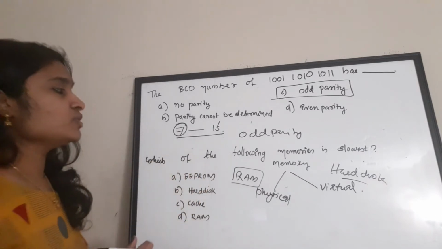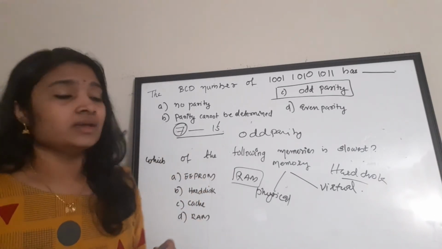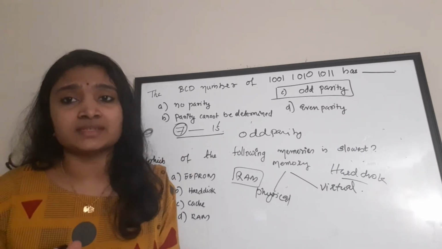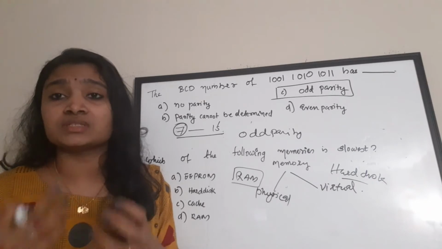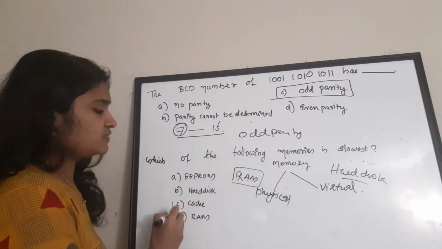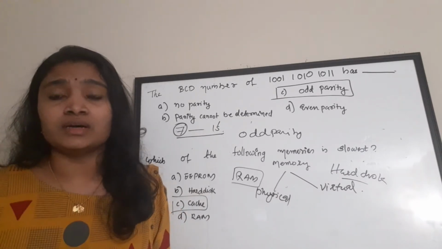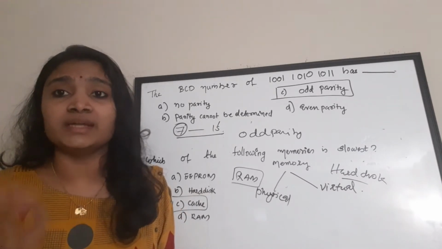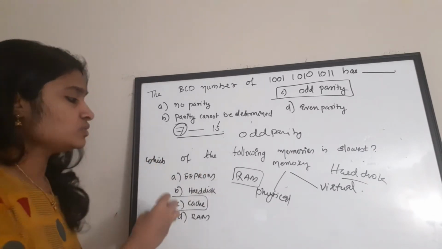Now we are talking about the speed of these memories. While talking about the whole system, the memory which has maximum speed is cache, because we know that cache is a fast accessing memory. When we need some data very frequently, we store that data in cache.